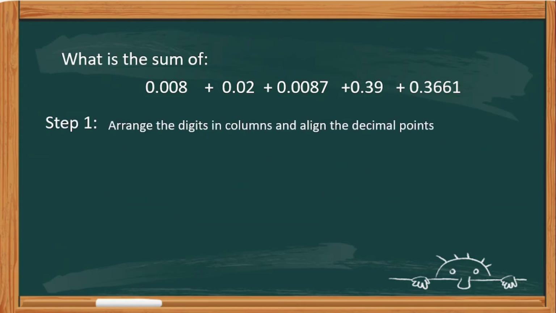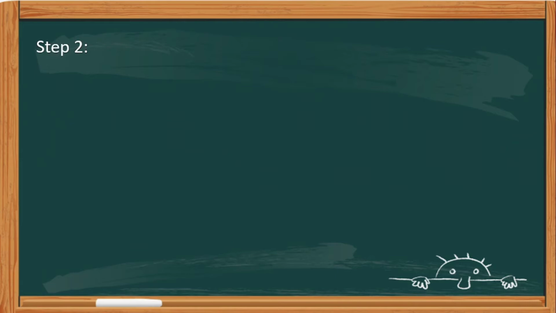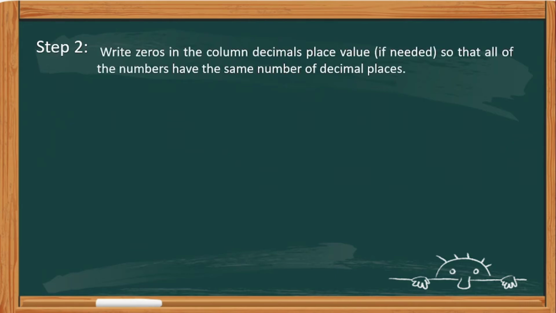Step 1. Arrange the digits in columns and align the decimal points. Next, step 2. Write zeros in the empty decimal place values if needed, so that all of the numbers have the same number of decimal places.